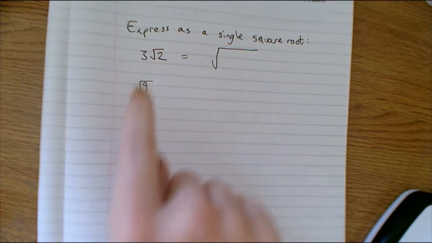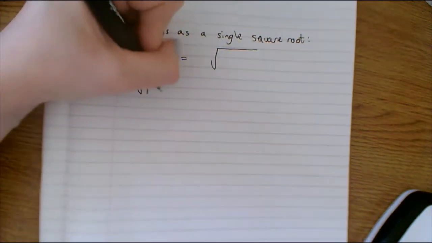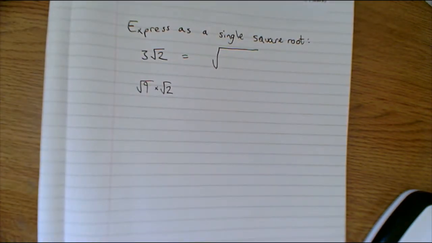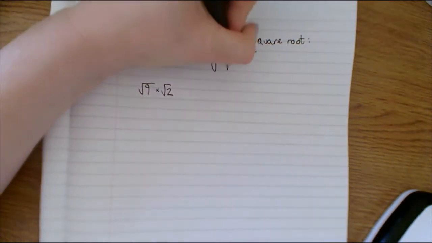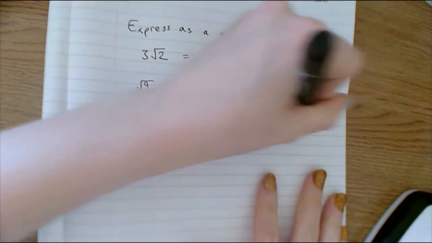So I can write 3 as root 9. So then rather than writing 3 root 2, I can write root 9 times root 2. And then root 9 times root 2 is simply root 18. So that's how we can express something as a single surd, or as a single square root.